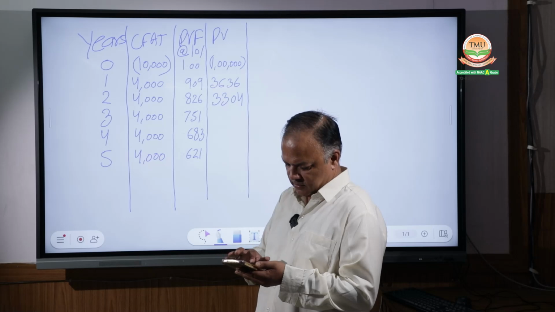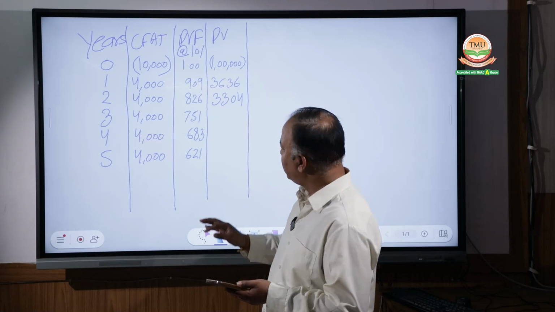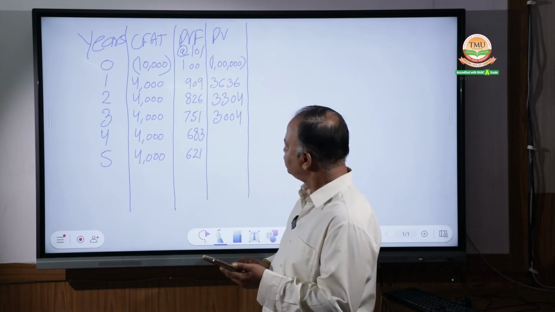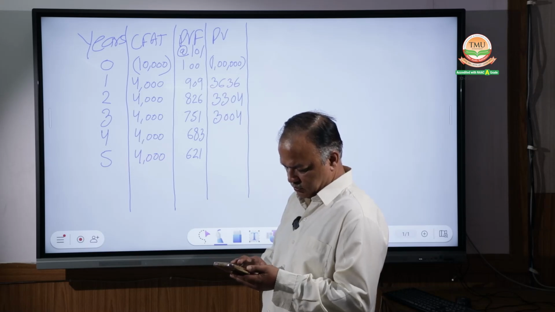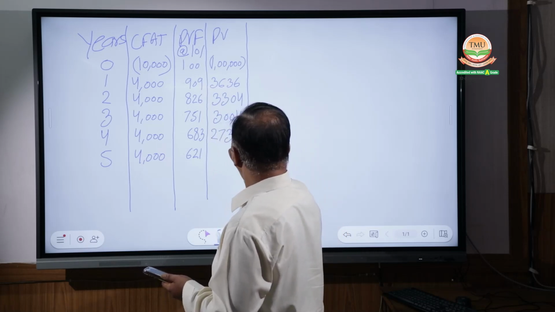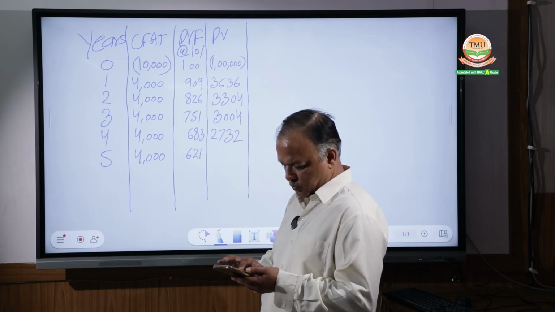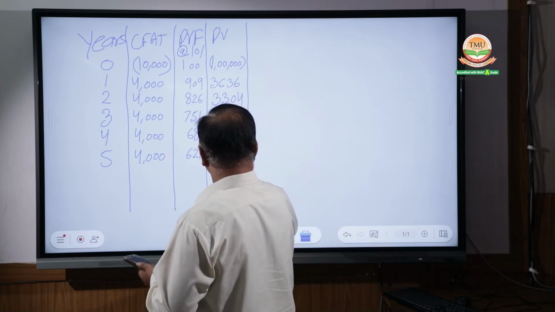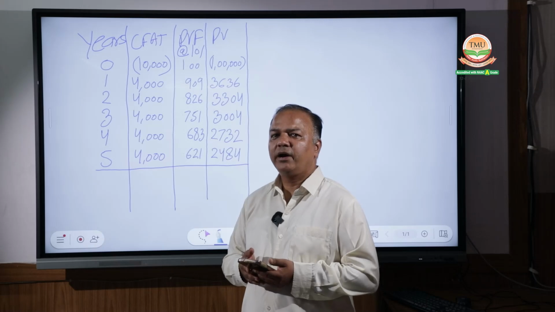If we multiply 0.751 by 4000, it will be 3004. 0.683 into 4000 is equal to 2732. 0.621 into 4000, it will be 2484. Basic calculation we have done.